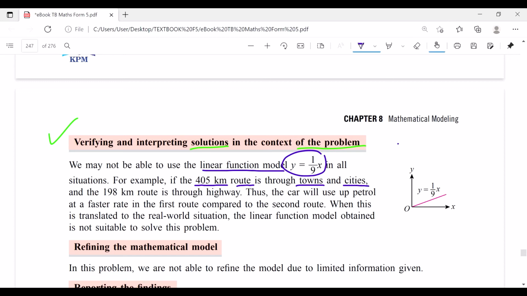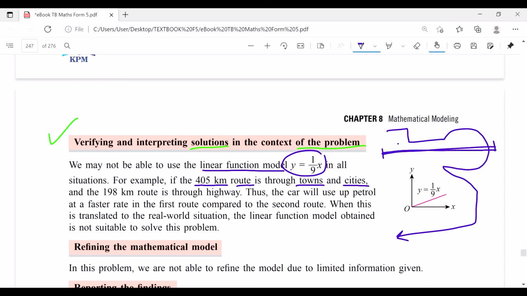It's not just a straight line like that. So if it goes through city and town, the direction is like that. It's not a straight line. If it is a straight line, yes, you can use this function.